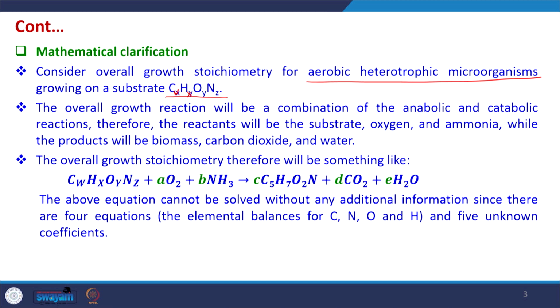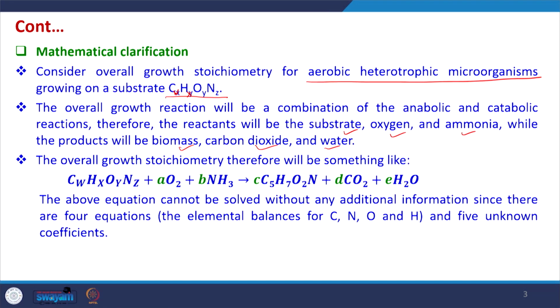Therefore, the reactants will be the substrate, oxygen and ammonia, while the products will be biomass, carbon dioxide and water. So, this will be the overall growth reaction when aerobic heterotrophic microorganisms are working.